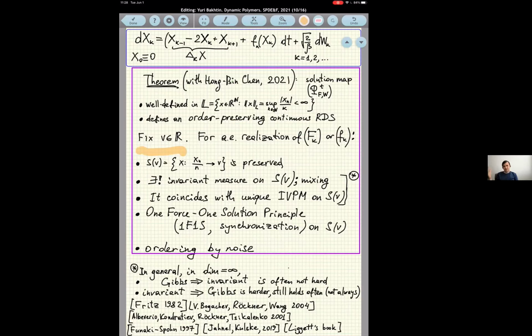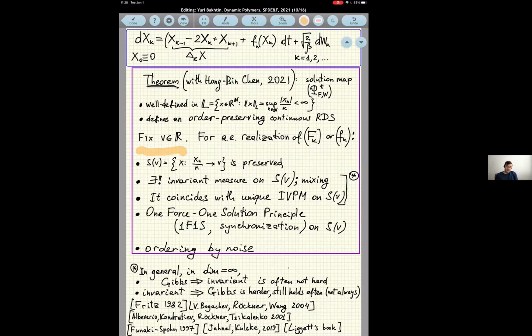And so if you're interested in ergodic questions, it automatically means that you have infinitely many ergodic components. If you start within one of them, you're stuck there. Also these sets S of V are closed under this topology. So that's nice.